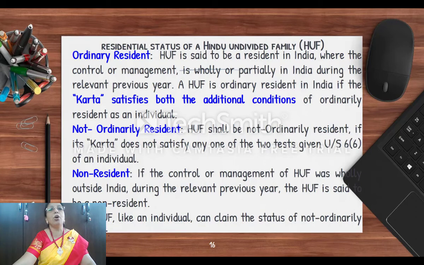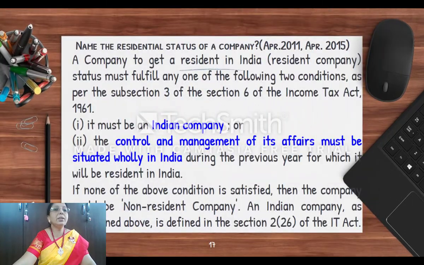If the Karta does not satisfy both the basic conditions, then the HUF is a non-resident. As far as a company is concerned, the company should be an Indian company. The control and management of its affairs should be wholly situated in India. So the control of the company, the management of the affairs of the company should be in India. If not, it is a non-resident company. So for a company, it can be a resident or a non-resident.